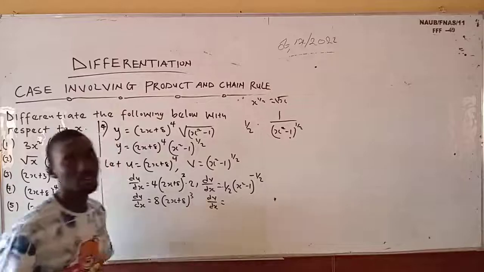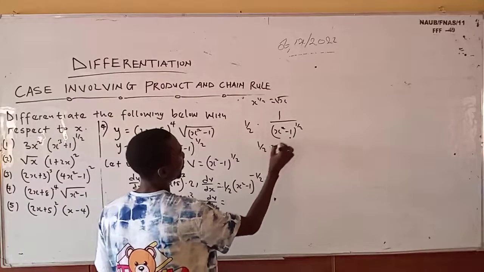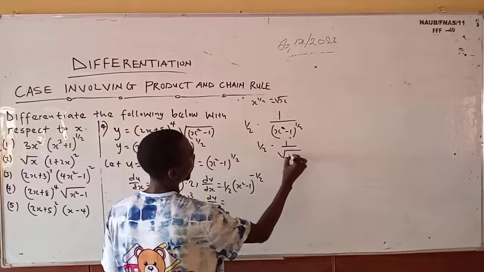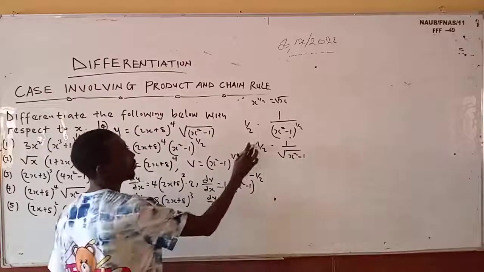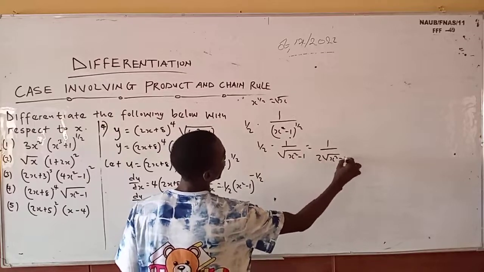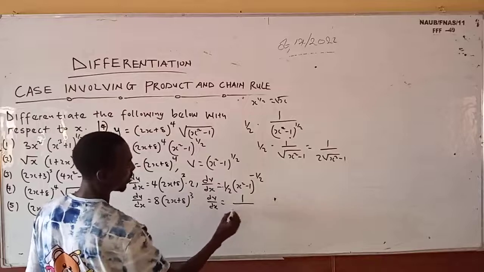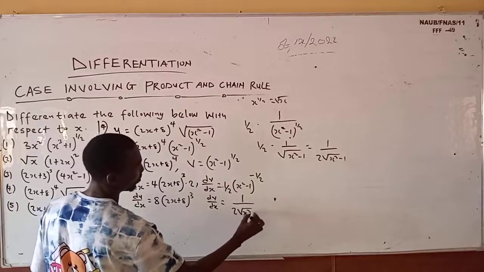So we get 1 over 2 times the square root of s squared minus 1. Everything here is the same thing as 1 all over 2 root s squared minus 1.